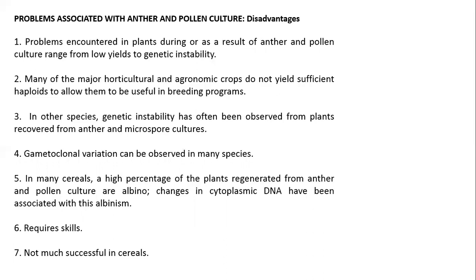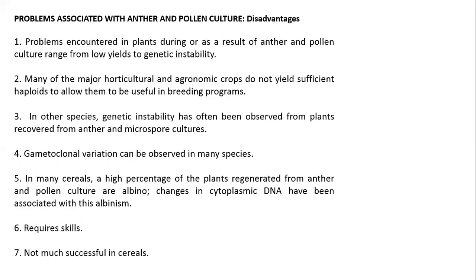Gametoclonal variation can be observed, and it has some beneficial effects also. In the case of tobacco, and in many cereals, we saw the beneficial effect. A high percentage of the plants regenerated from anther and pollen culture are albino, and these albino plants cannot photosynthesize, so they do not grow in the culture media, and we observed that cytoplasmic DNA has been associated with albinism.